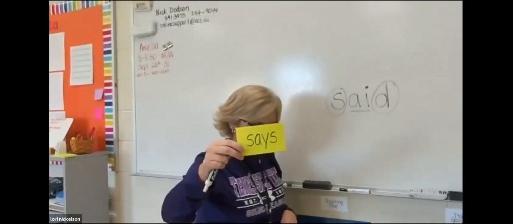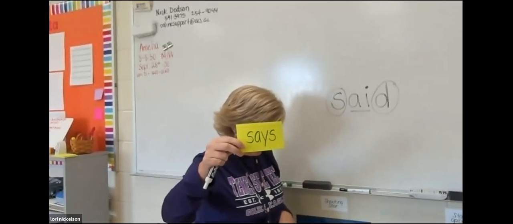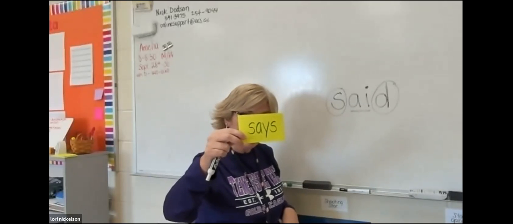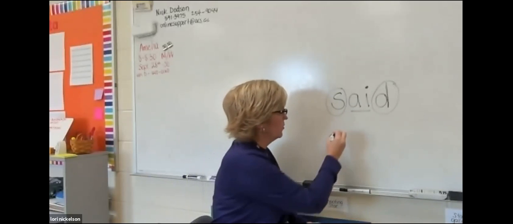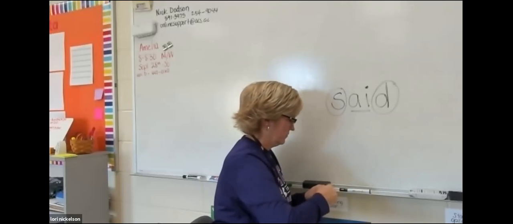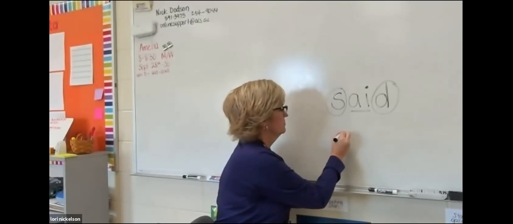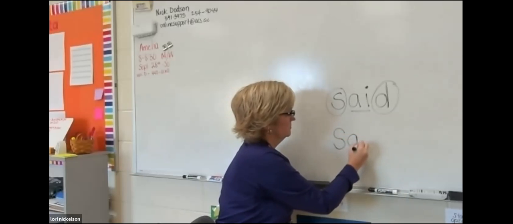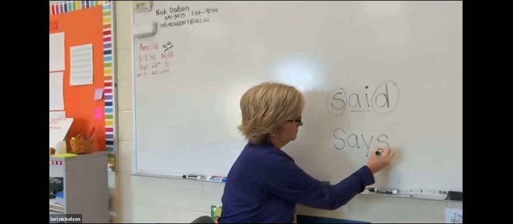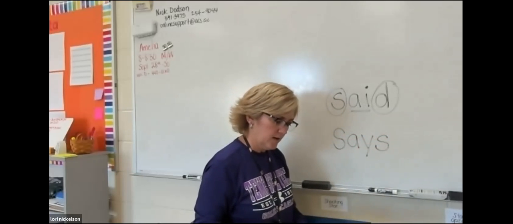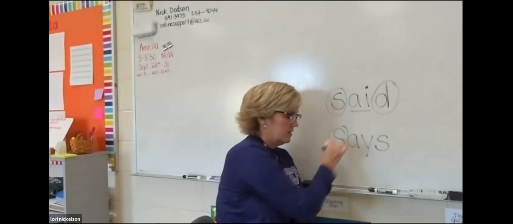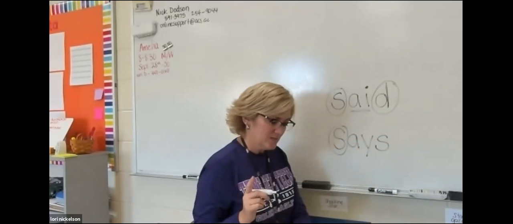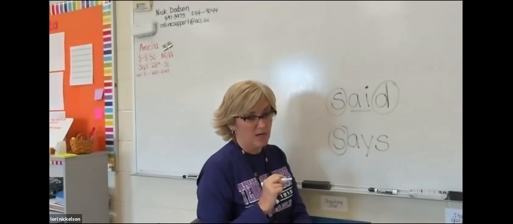So you hear an S-E-Z. He says, happy birthday. So I'm going to write says on the board. Says, all right. And I'm going to circle the first letter, because that letter is pronounced as you would expect.